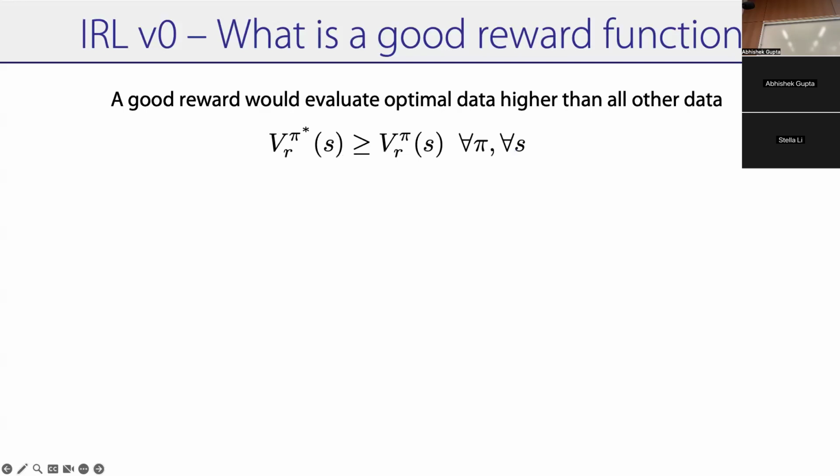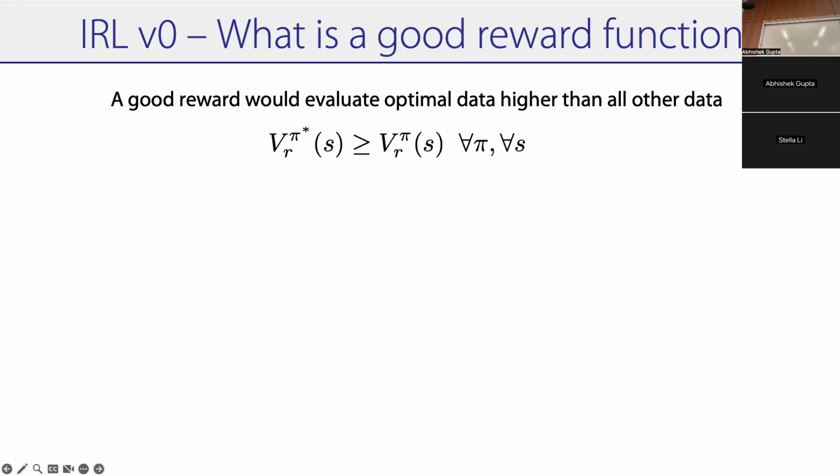So under my reward function R, my value of pi star is going to be higher than my value of all other pi. If I optimize my value function for the best pi, I would get that pi star. And so if I can say V^pi*_R(s) is greater than V^pi_R(s) for all pi and all s, then that is a good reward function.